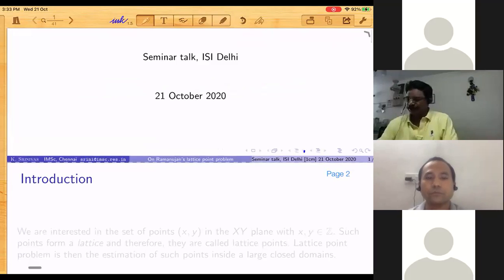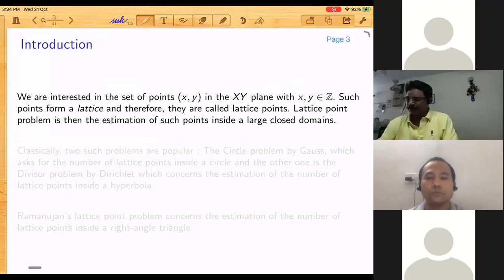Basically it is counting the number of points with integer coordinates in a closed area. We are interested in a set of points, let's say (x, y), in the xy plane with x, y integers. Such points form a lattice and therefore they are called lattice points. And the lattice point problem is then the estimation of such points inside large closed domains.